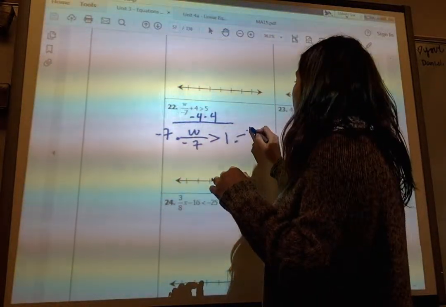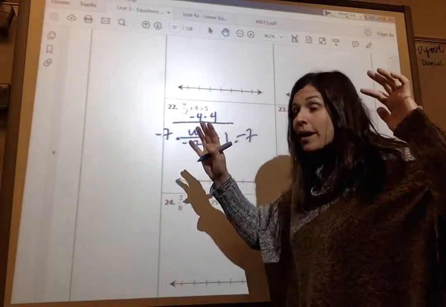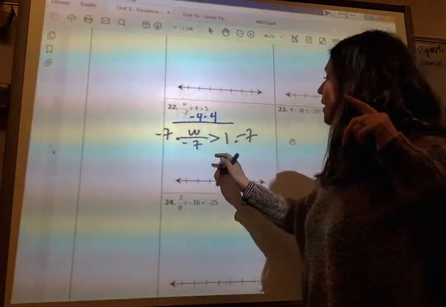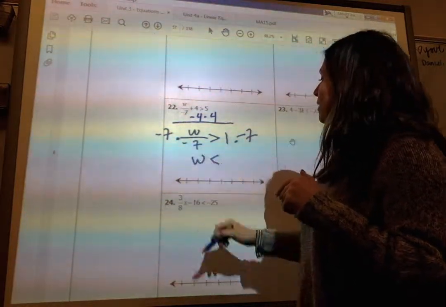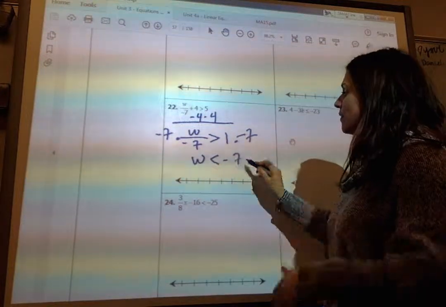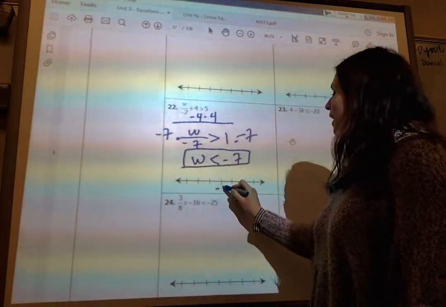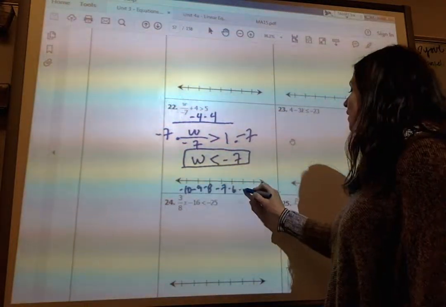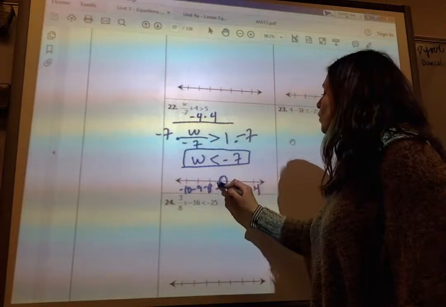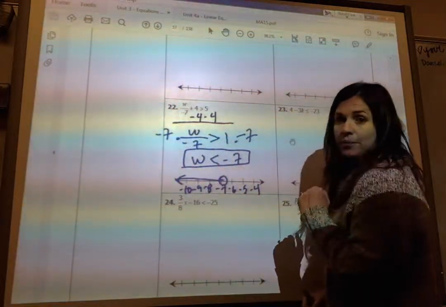Well, that's when a flashbulb goes off in your head. I'm multiplying both sides by a negative, I must flip this sign. So it's at this stage that I flip. So those cancel out to be w is less than -7. That's my inequality that I'm going to box, and then -7's here, so -8, -9, -10, -6, -5, -4. Open circle on -7, shade to the left, because this arrow matches this arrow.